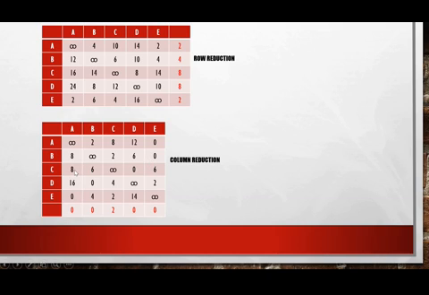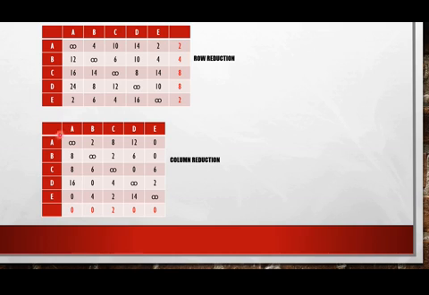The next row, when I subtract 8 from it, I get 8, 6, infinity, 0, 6. I will use a pointer. The fourth row, when I subtract 8 from it, I get 16, 0, 4, infinity, and 2. From the last row, when I subtract 2, I get 0, 4, 2, 14, and infinity.